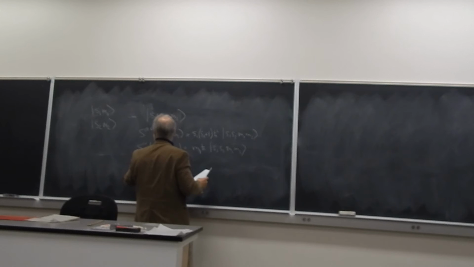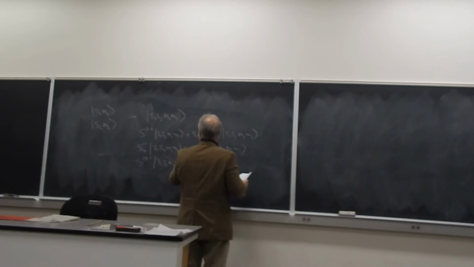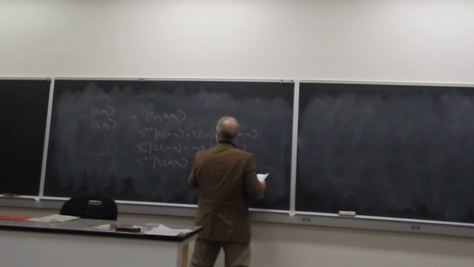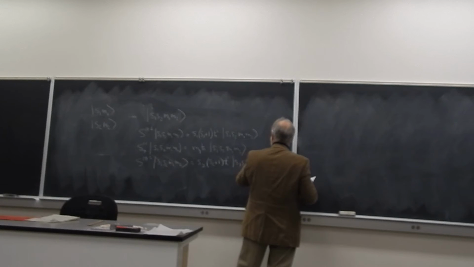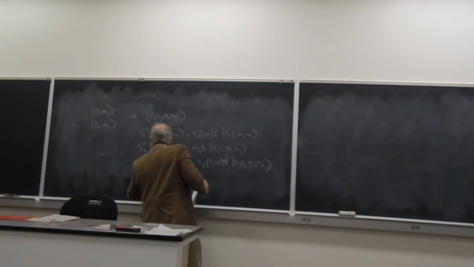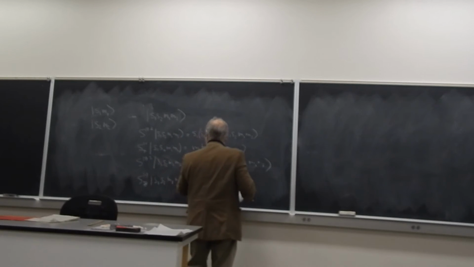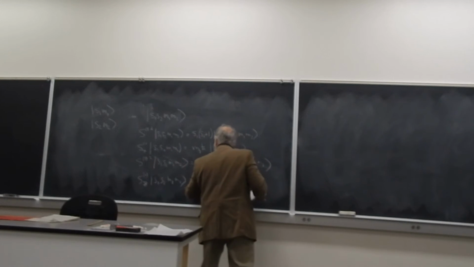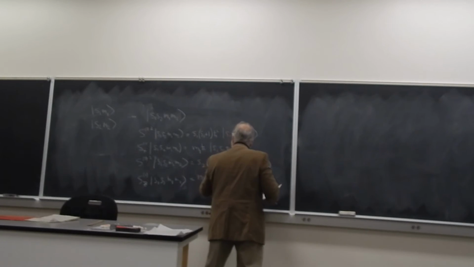And similarly for the second particle, S2 squared applied to S1, S2, M1, M2 would be equal to S2 plus 1, h bar squared, S1, S2, M1, M2, you're getting the idea here. And then finally, S2z applied to S1, S2, M1, M2 would be M2 h bar times S1, S2, M1, M2.